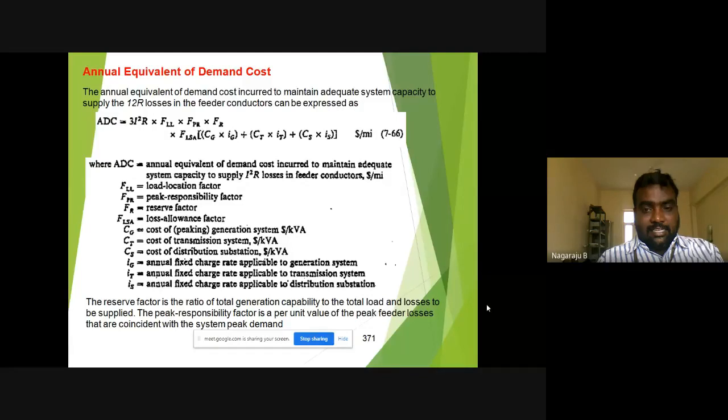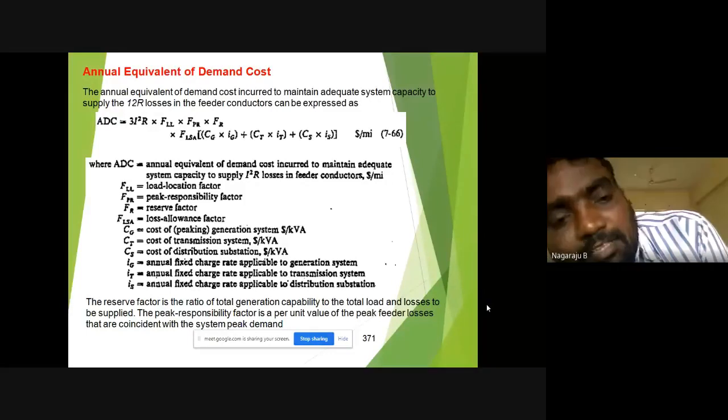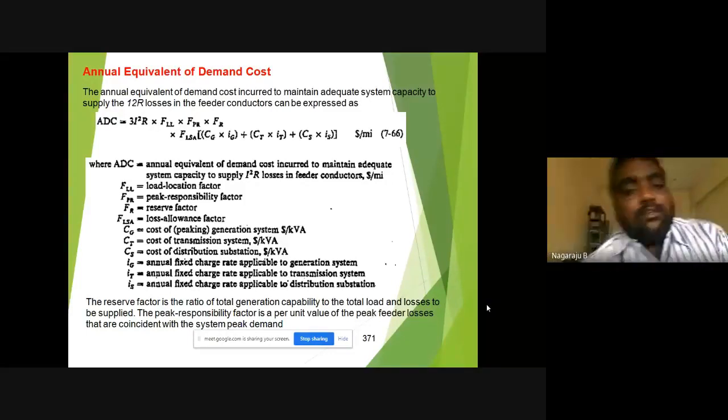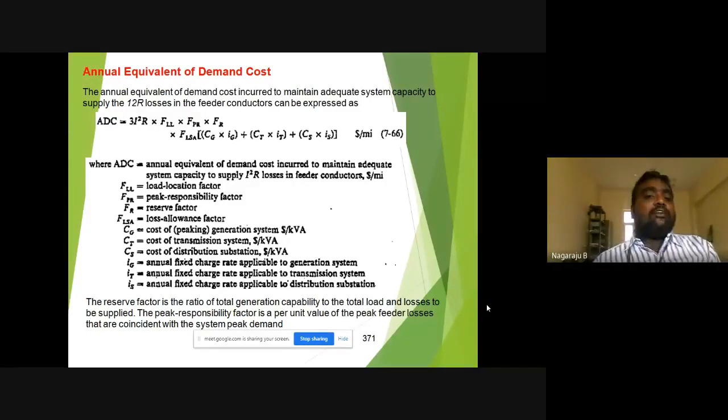This is about the amount you will get. And for this, you have some loss. That loss you need to multiply. And you have the load location factor, the peak responsibility factor and the reserve factor. So you need to multiply along those three things. These are the things you need to follow.